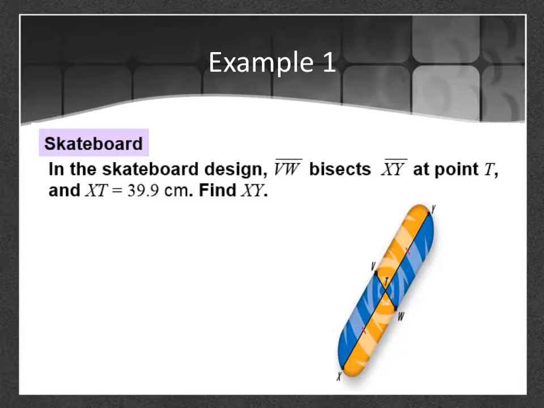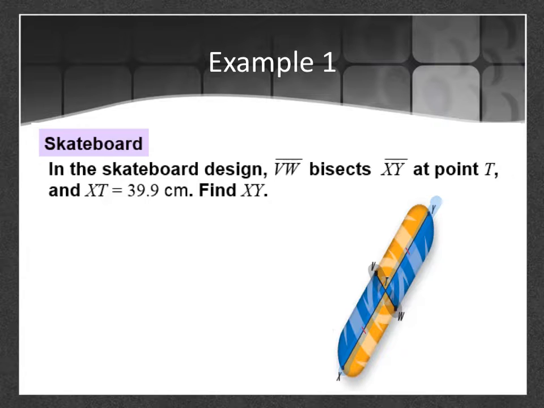Okay, example 1. In the skateboard design, VW bisects XY at point T, and XT is 39.9 centimeters. Find XY. Break it down, right? So it says VW bisects XY. So VW is here, is bisecting XY.